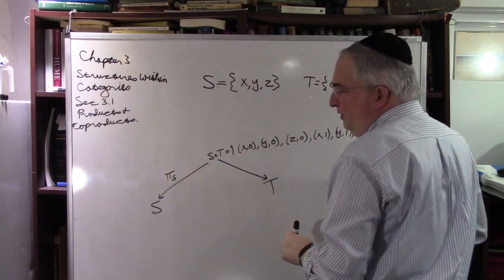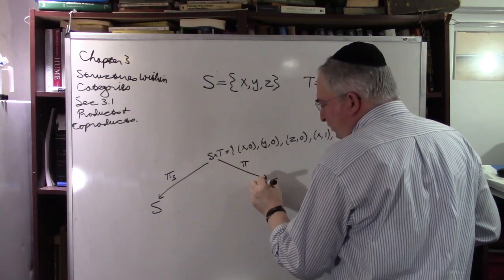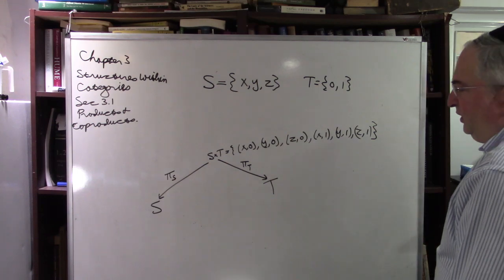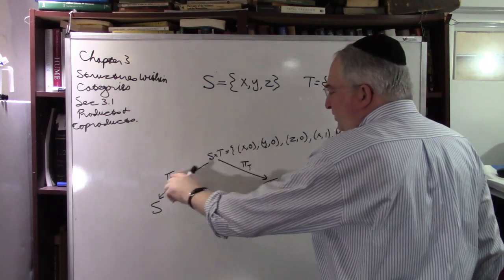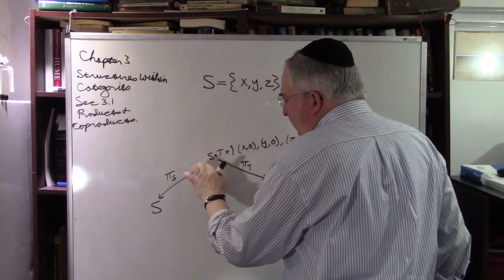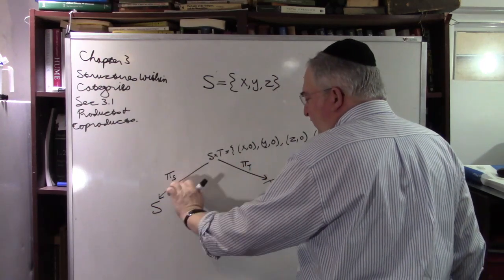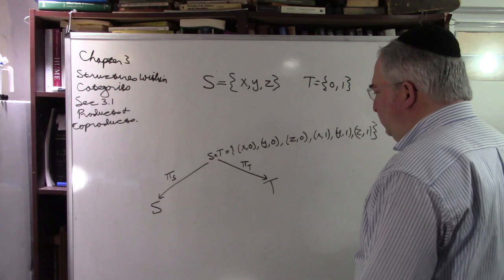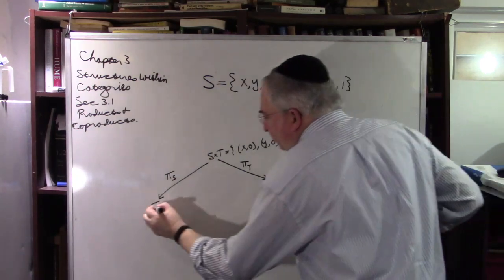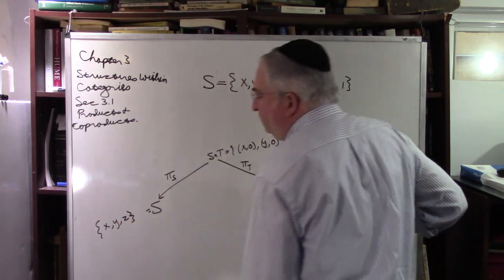We call it pi, that's the Greek letter pi for projection, pi sub S, and here's another function, pi sub T. What these functions do is they forget the other information. In other words, the function to S forgets the T information, and the function to T forgets the S information. Let me just say what this is. This is {0, 1}. This is {X, Y, Z}.